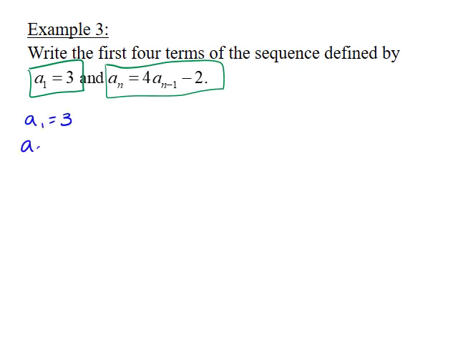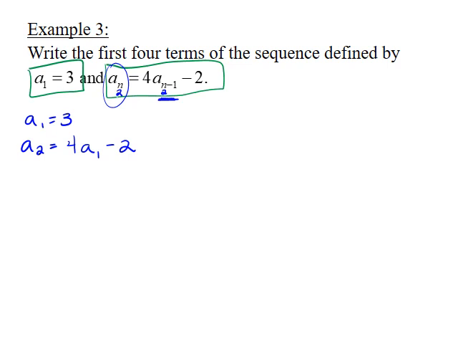Now, if I want to find the second term, anywhere I see an n, I'm going to replace it with a 2. So the second term is equal to 4 times a sub 2 minus 1. Well, 2 minus 1 is 1, and then minus 2.